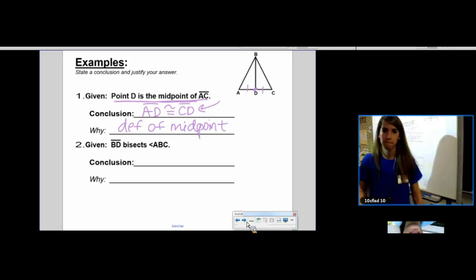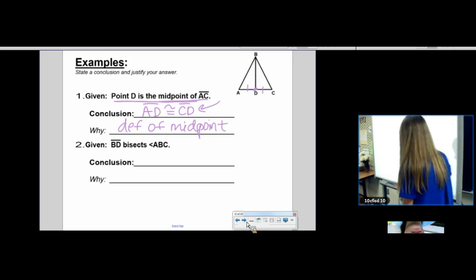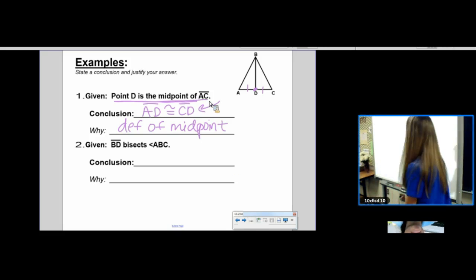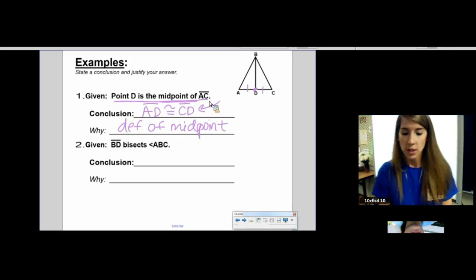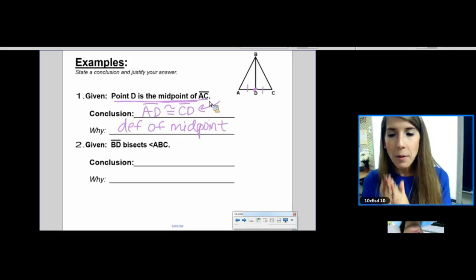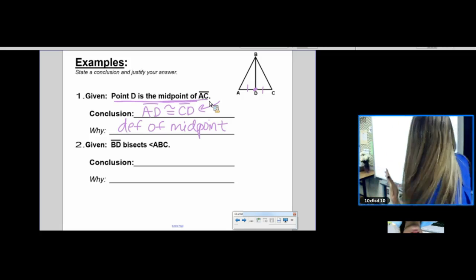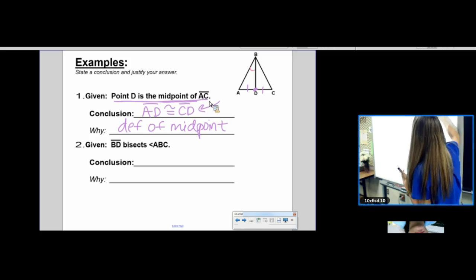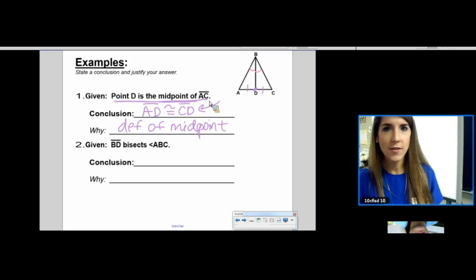Okay, next one. Given segment BD bisects angle ABC. So you always ask yourself, if I were given that information, what would I add to my picture? I would add arcs. What do those arcs mean?